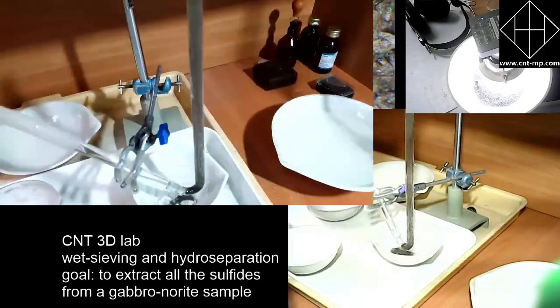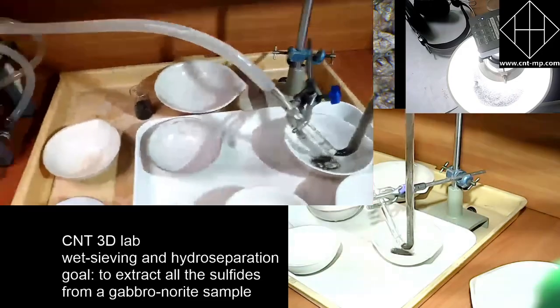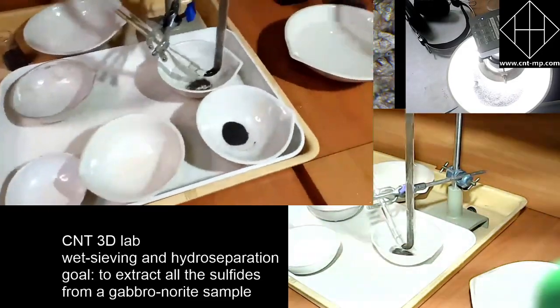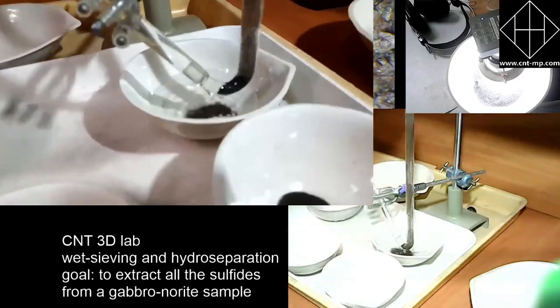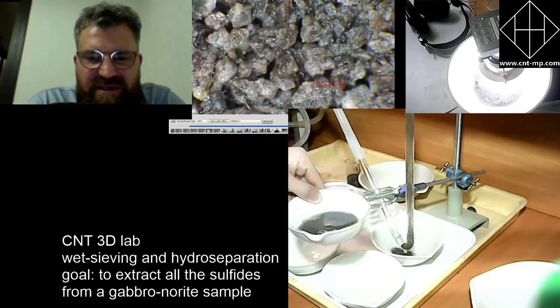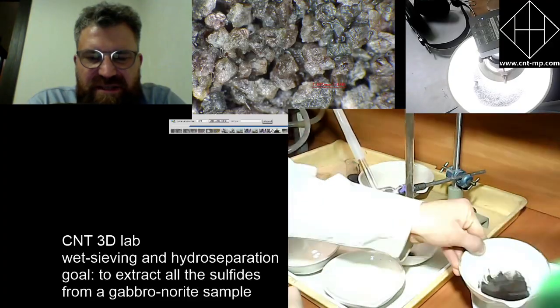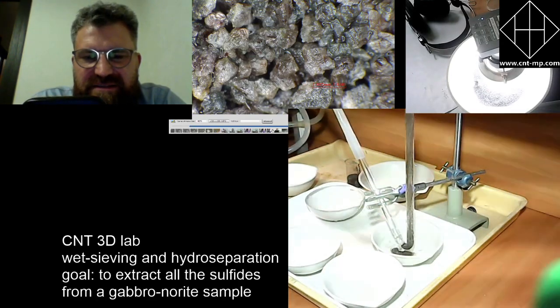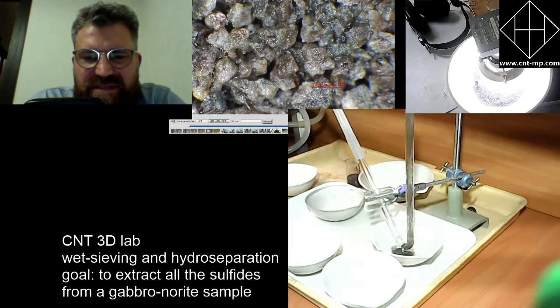Alec is trying to fix the problem with his camera while Alexander is trying to show it. Yeah, here you are. So now we can see the separation. You see that the GST was dark, now it's grayish, and you can see that things are settling down at the bottom.